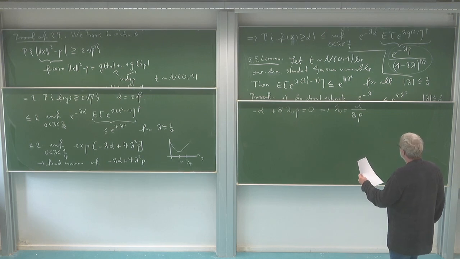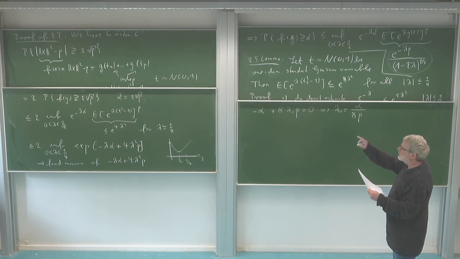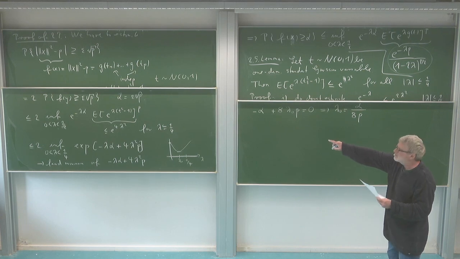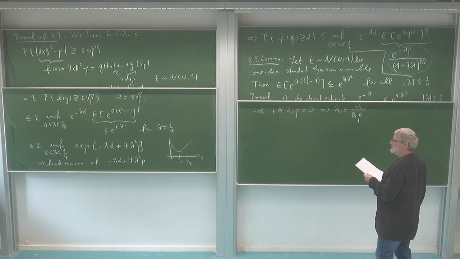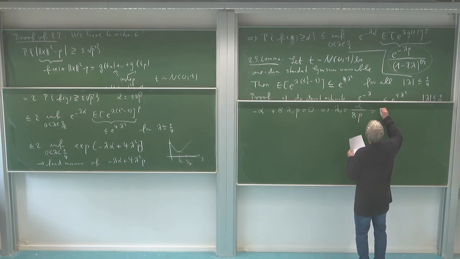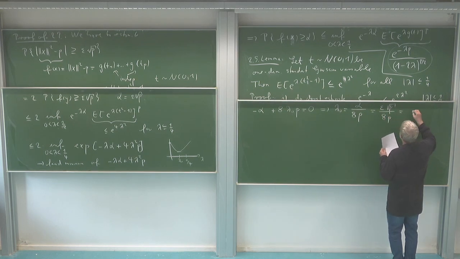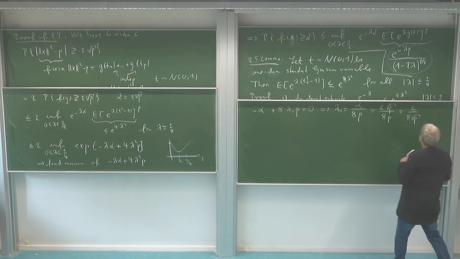Now let me write it in terms of epsilon, what I really want in my starting inequality. The alpha is epsilon times the square root of p. So this is epsilon times the square root of p divided by 8p, which is epsilon divided by 8 times the square root of p.